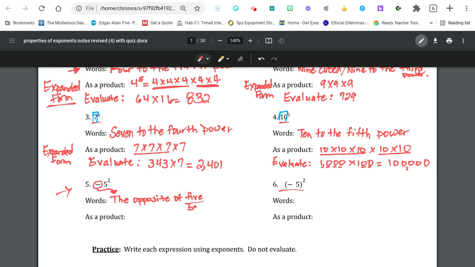So your actual base is 5, not negative 5. The opposite of 5, and I could put 5 squared because it's an exponent of 2. Or I can put the opposite of a base of 5 to the second power.